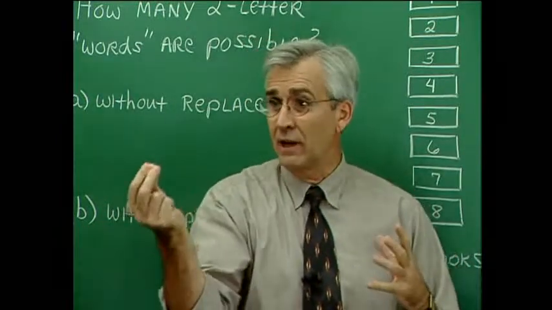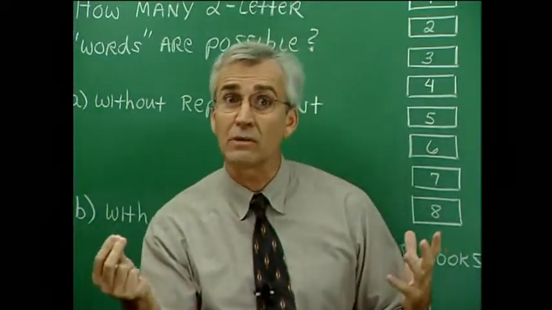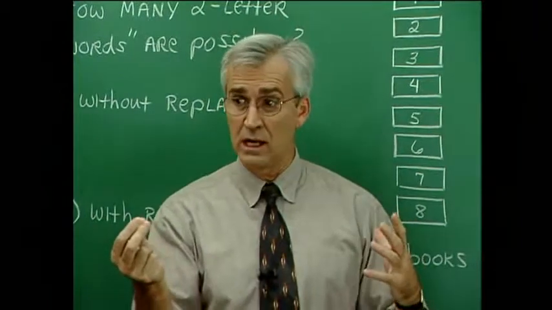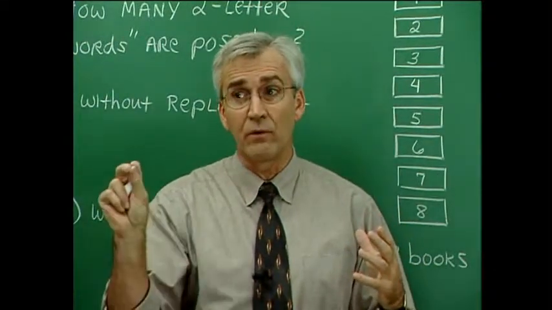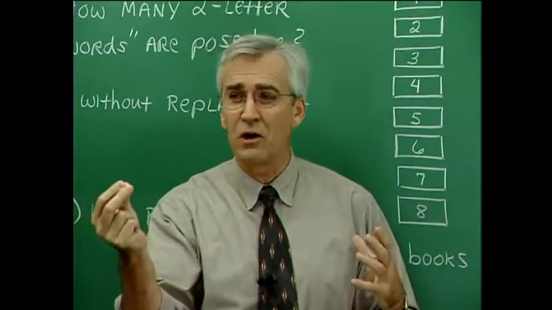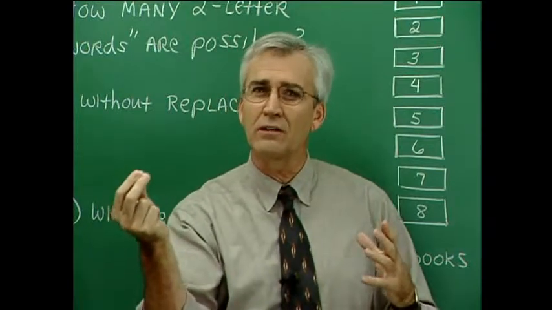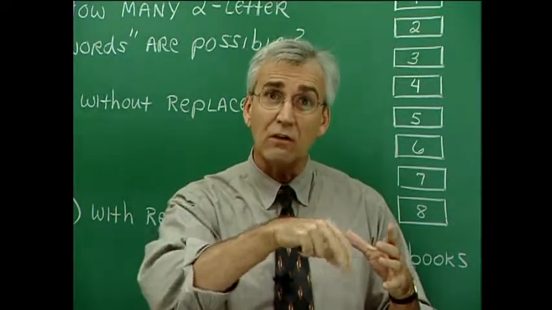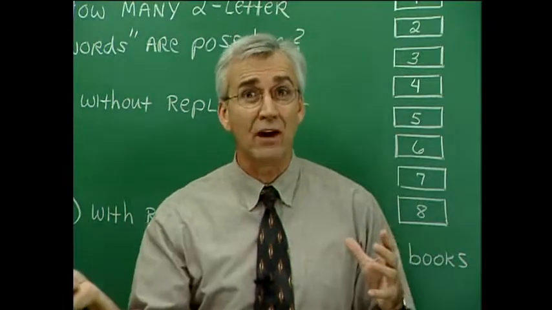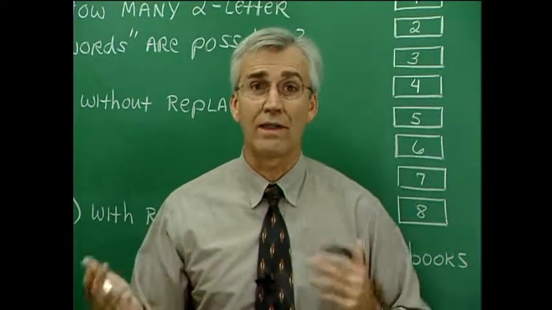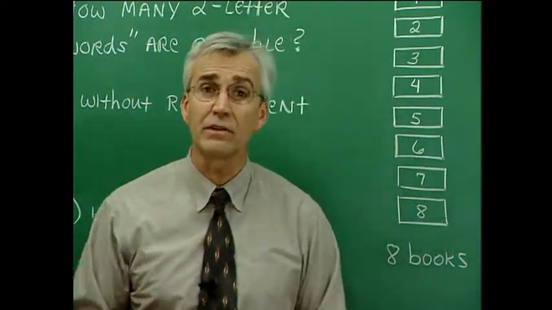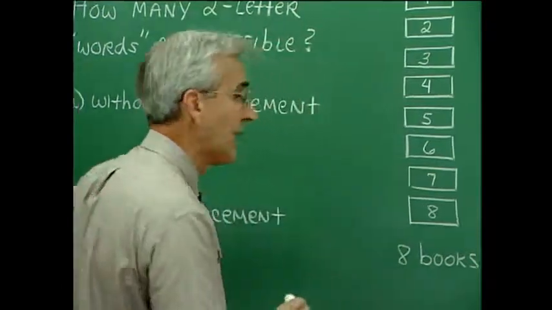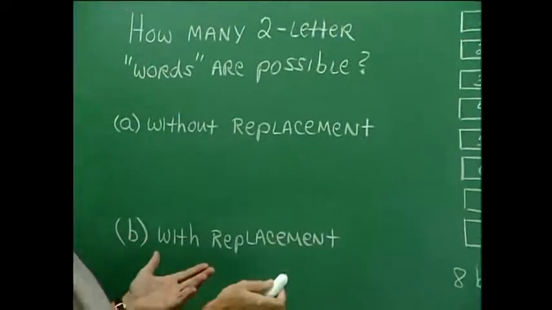Okay, so the letter is drawn, and there were 26 possibilities before the letter was drawn. Now, once that letter is read and recorded, do we take that letter that we had drawn out to begin with and put it back into the hat for the second drawing, or do we leave it out? Now that's called with or without replacement, and it makes a big difference in the outcome of the situation. That is, how many possibilities there are.